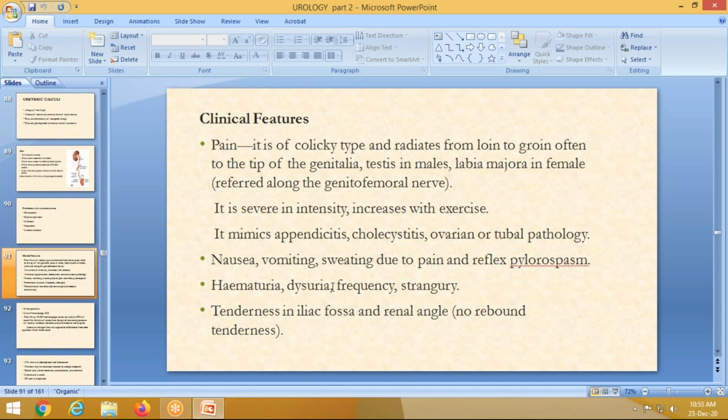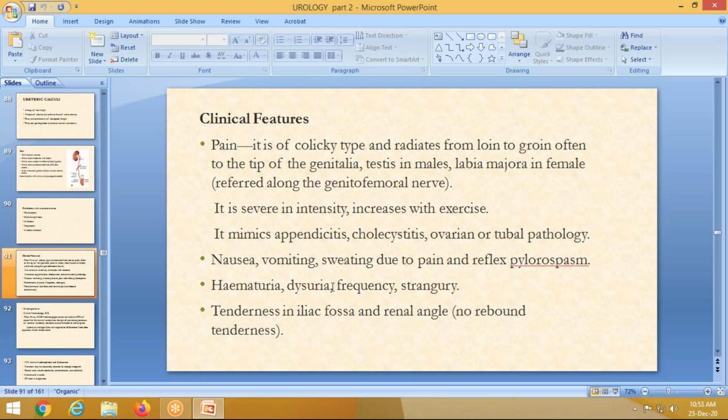Salpingitis means inflammation of the tubes. All these conditions produce pain. So similar pain may be seen in these conditions also, like appendicitis, cholecystitis, ovarian malignancy, or tubal pathology like tuberculosis of the salpinx.